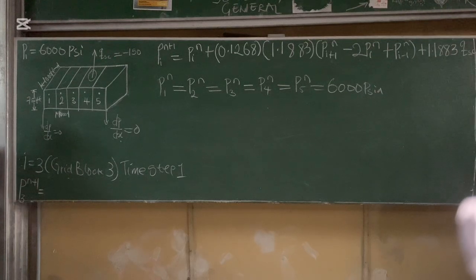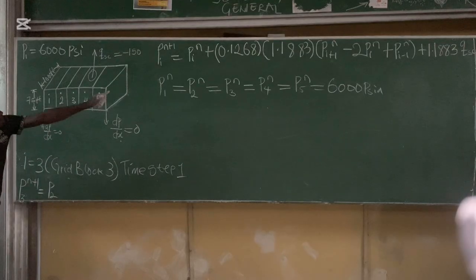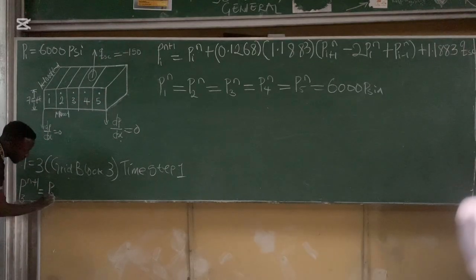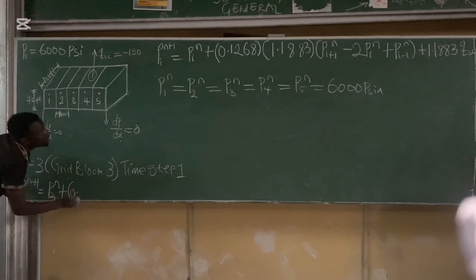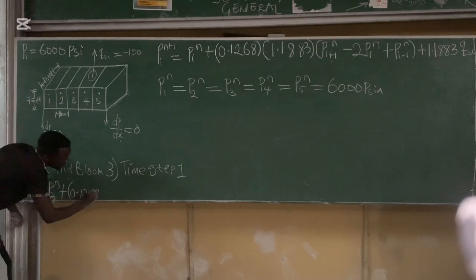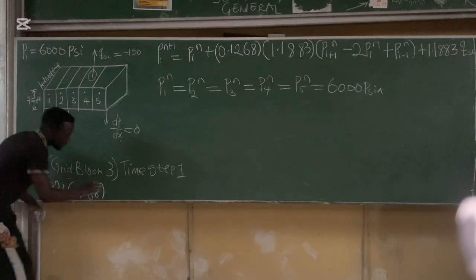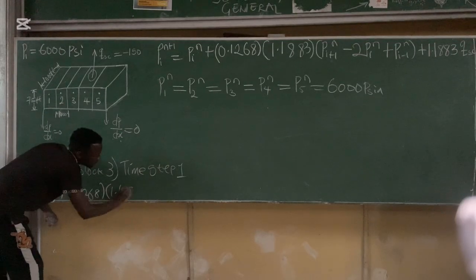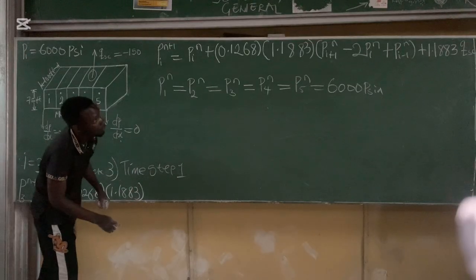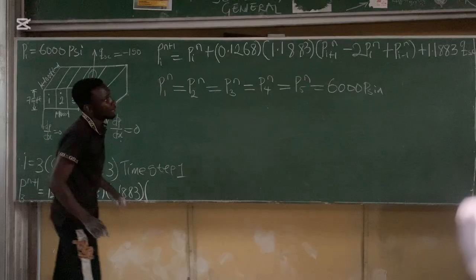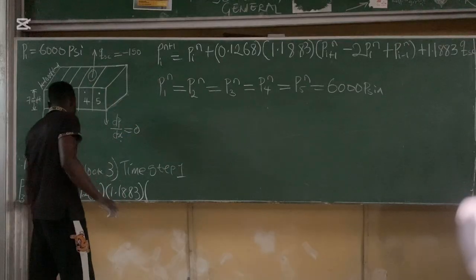P3^(n+1) will be equal to P3^n plus 0.1268 into 1.1883, open bracket, i plus 1, 3 plus 1, 4.